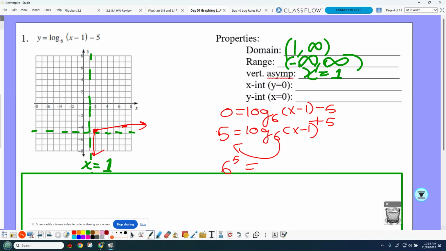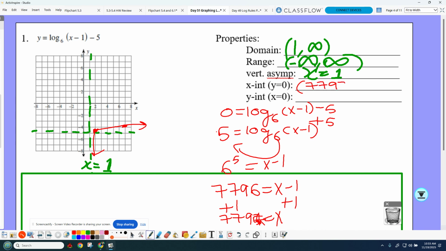Like if y equals log 6. Okay, so here she's doing a lot of work. When y is 0 is when the function's going to cross the x-axis. And she used a calculator to get this number. For 6 to the 5th, I got 7,777. 6 to the 5th plus 1 is, yes, 7,797, 0.